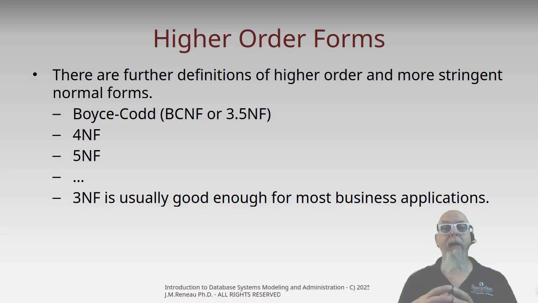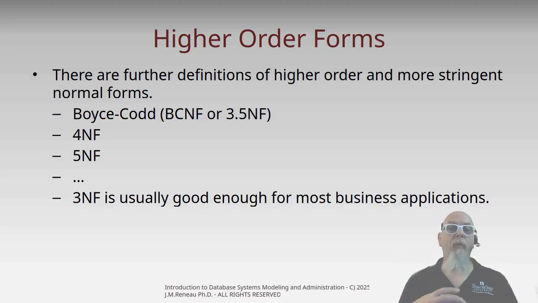There are higher orders of normalization. There's a type of normalization known as Boyce-Codd normalization, or some people call it 3.5 normal, that eliminates some additional things.